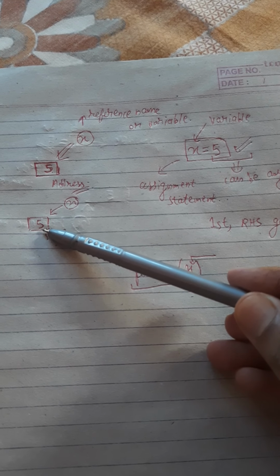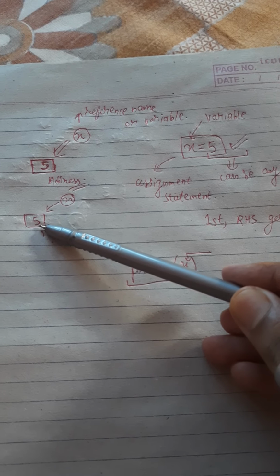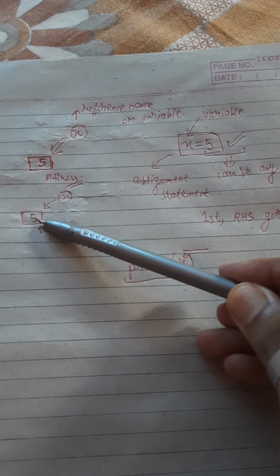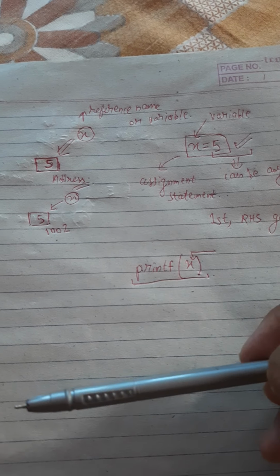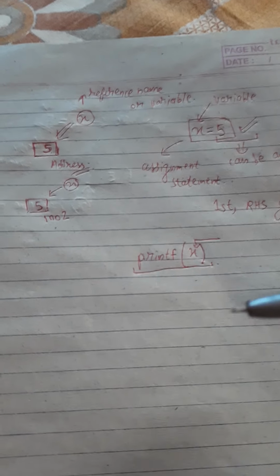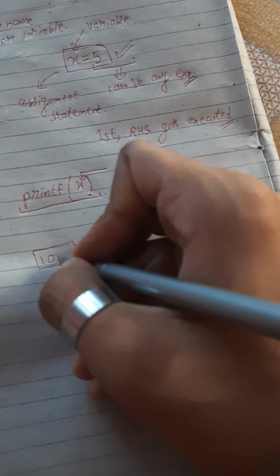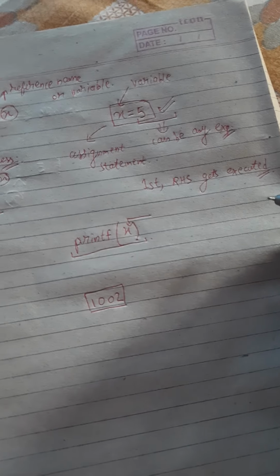Here, for storing 5, we stored it in a box that is referred to by the name x. So for storing anything we again require a box, right? Here our address will be inside the box.